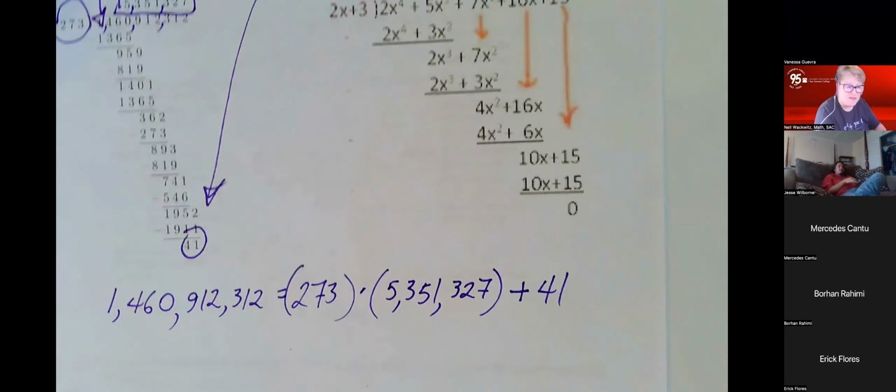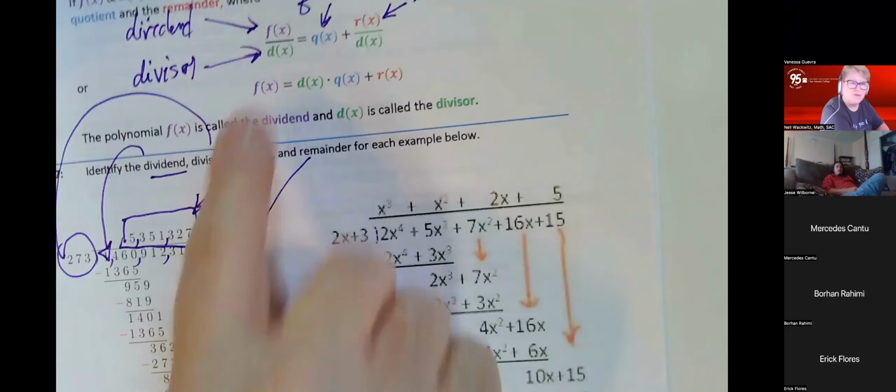I could also write this answer using this first version.